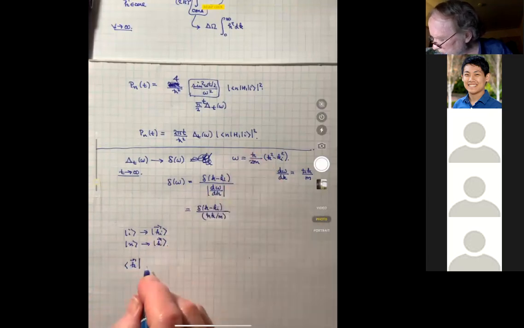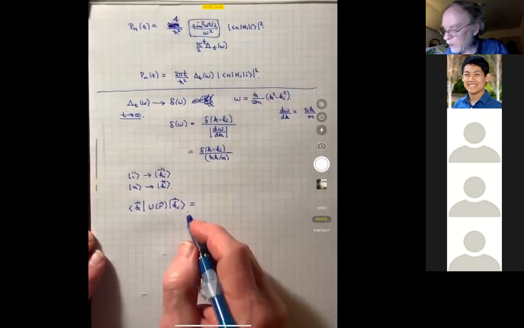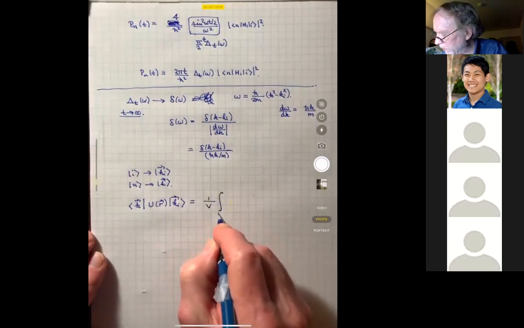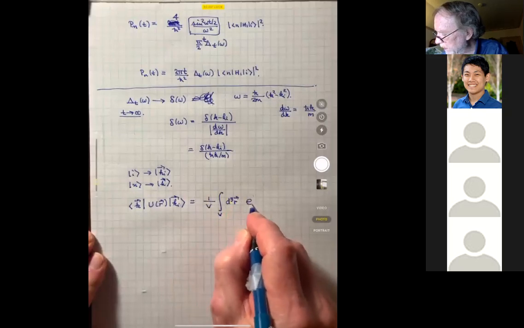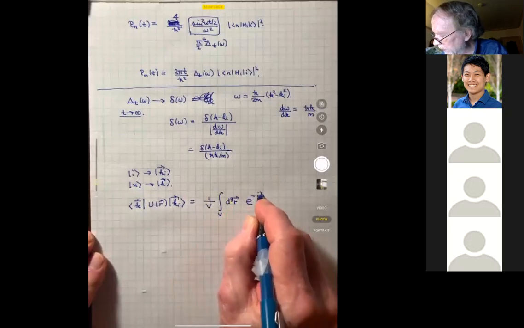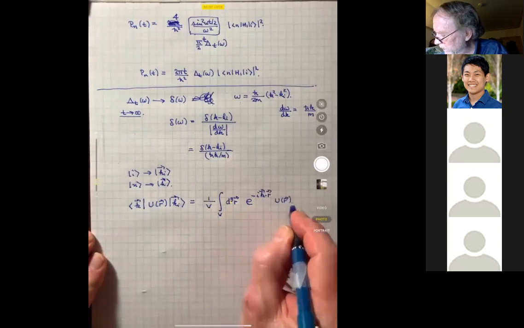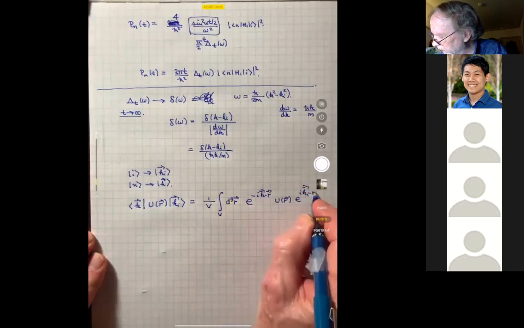The H1 is the potential U of R, and then the K initial is on the right, which if we translate this into an integral using our normalized wave functions, becomes 1 over the volume of the box times the integral over the volume of the box, d cubed R, times e to the minus i k dot R times U of R times e to the i k initial dot R on the right-hand side.